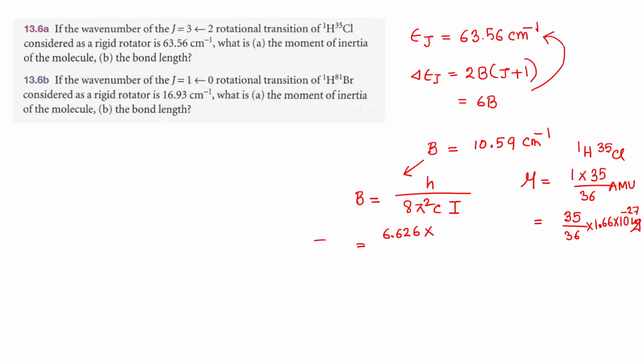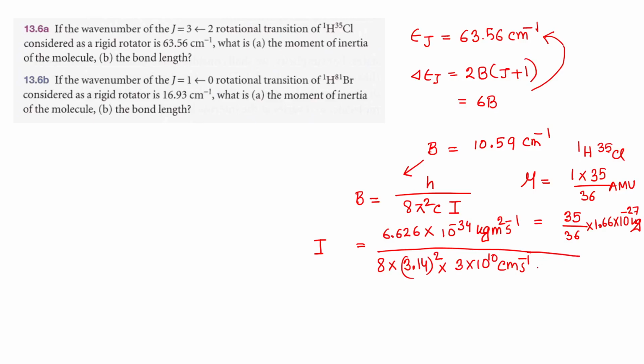So your I will become your Planck constant, kg meter square second inverse, right? That's what we just arrived at in the previous case. Then 8 into 3.14 square, C, taking 3 into 10 to the power 10 centimeter second inverse.